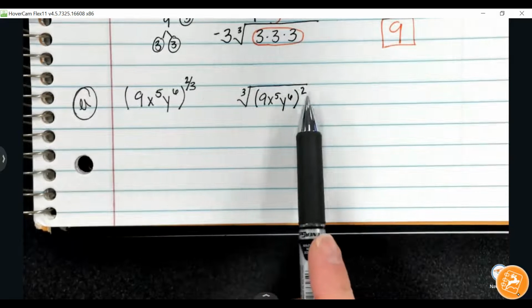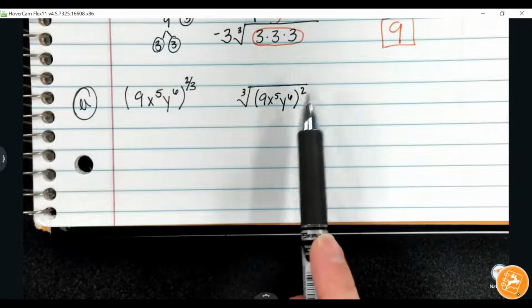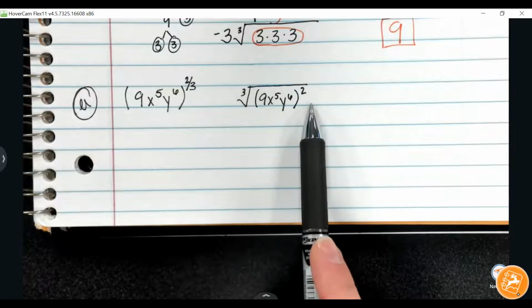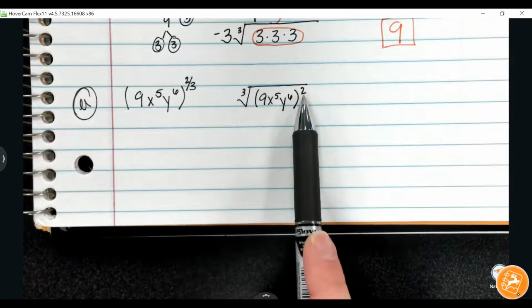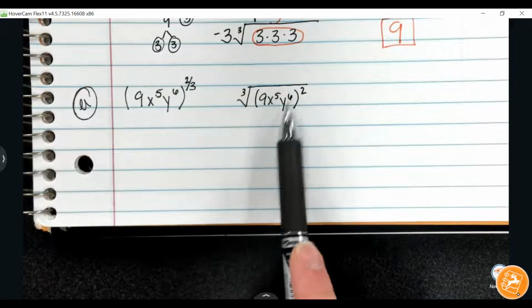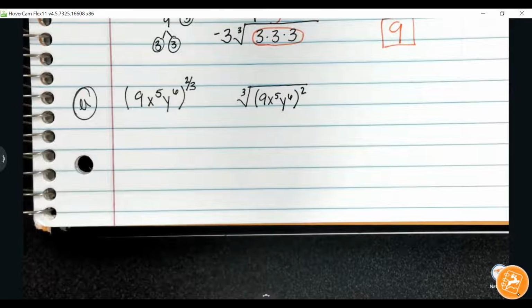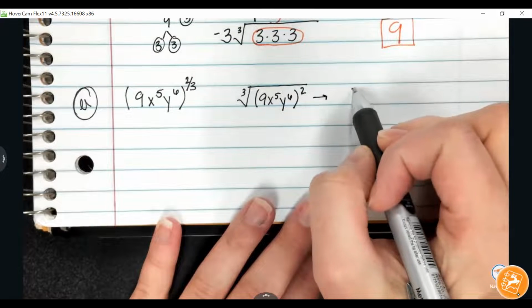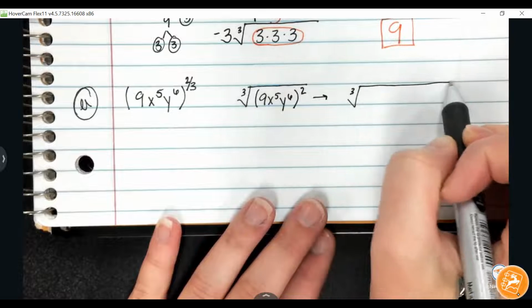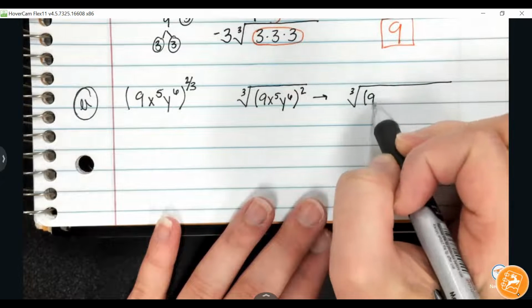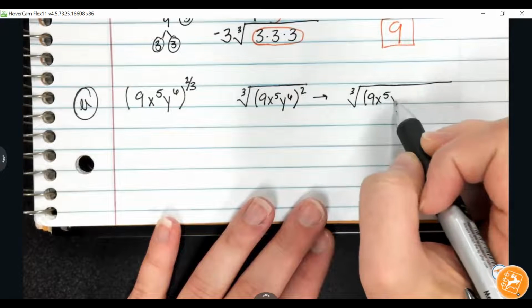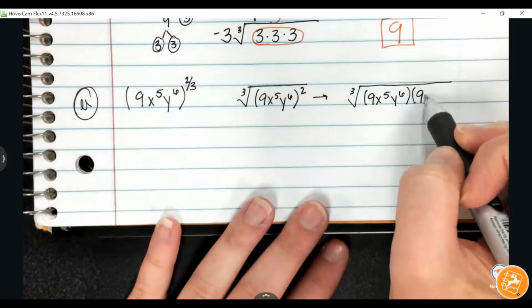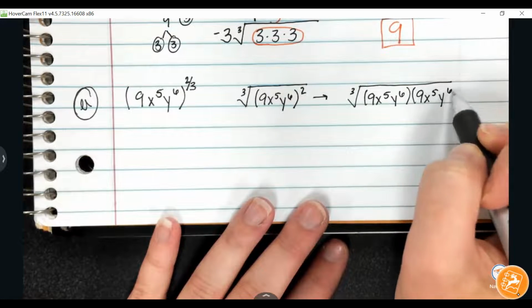You have to pay attention to your power. My power tells me how many times to write what's inside. So how many times am I writing 9x to the 5th, y to the 6th? Twice. So what this really means is the cube root of 9x to the 5th, y to the 6th, and I'm going to write it twice.